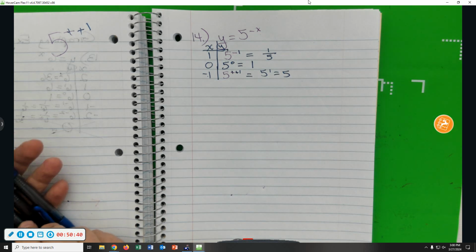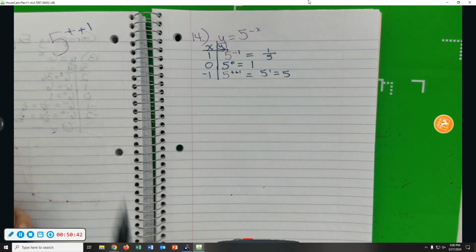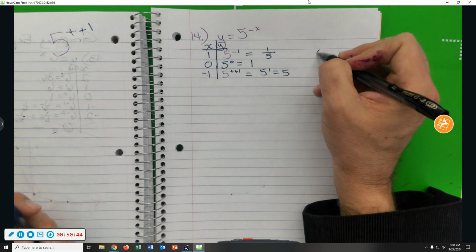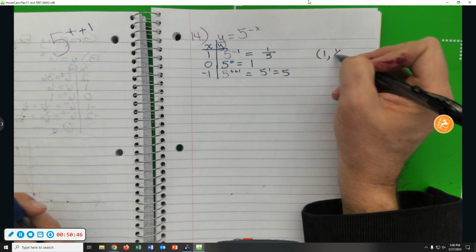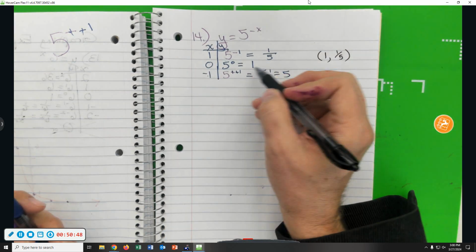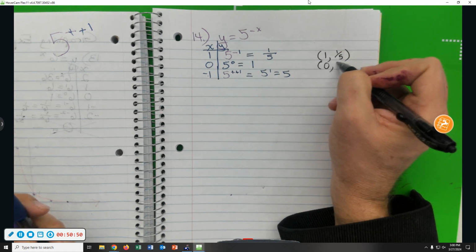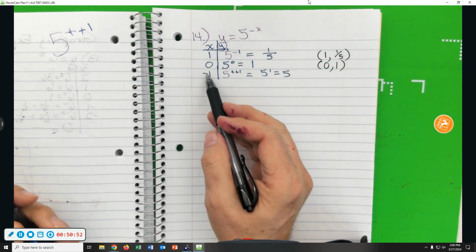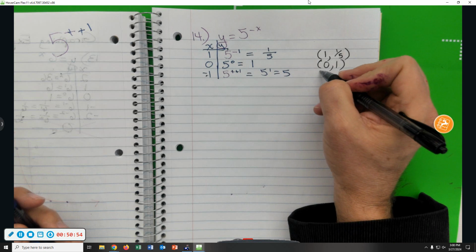I think that those 3 ordered pairs are all we need. I'm going to write them out. (1, 1/5), (0, 1), and (-1, 5).